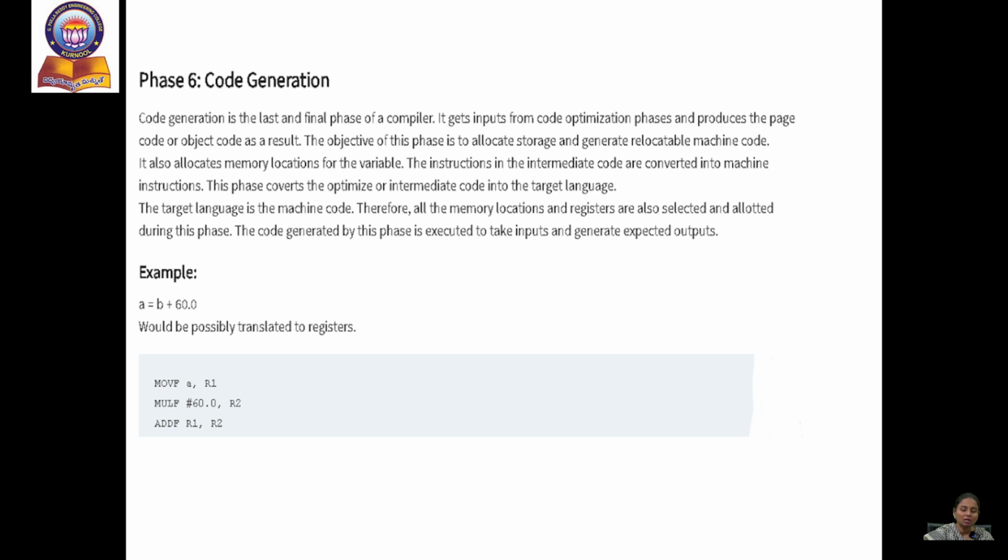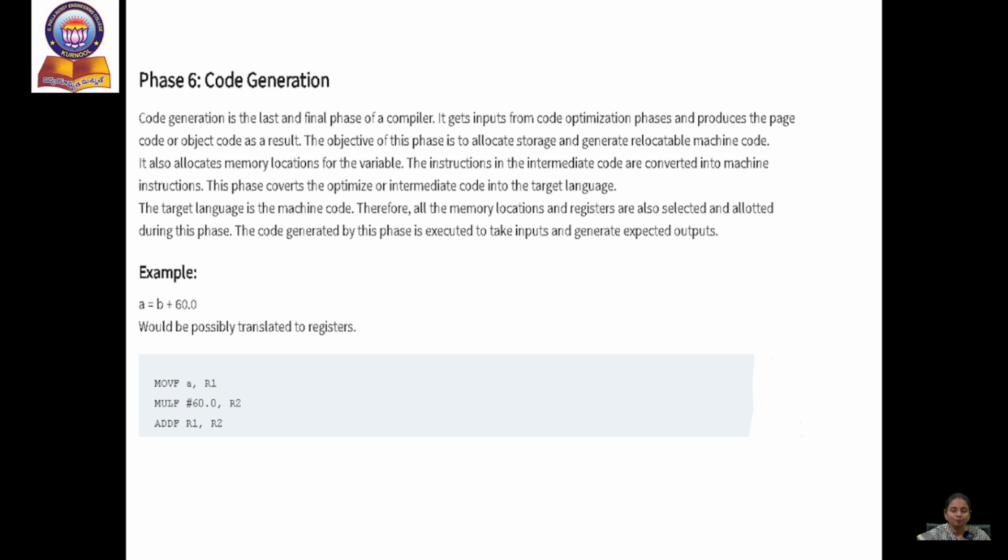Next, coming to the last phase of the compiler, that is code generation, which converts into machine level language. So code generation is the last and final phase of the compiler. It takes the input from the code optimization phase and produces the target code or object code as a result. So whatever the output of the code generation is, we can call it the object code.